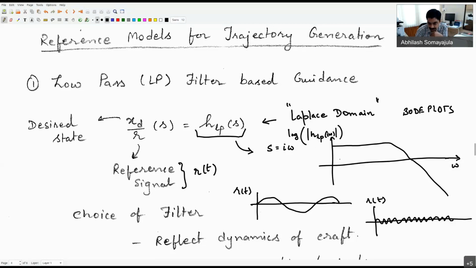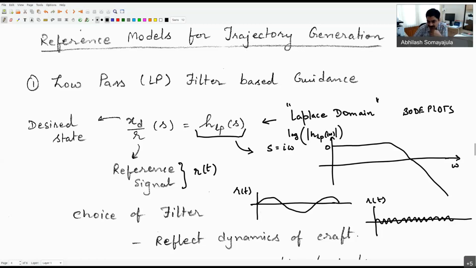I'll even make this simpler by putting this as 0. So log of something is 0, which means that mod of the thing is 1. What does that mean? When I give the left-hand side signal as an input to my filter, what will the output of that filter look like? It will be the same, right? Because the value of mod of h is 1, so you should get back the same signal.